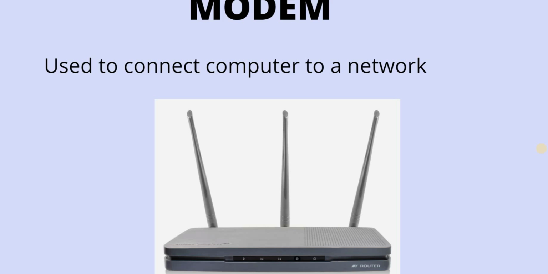When computer receives something from network, modem will convert received data into a form that computer can understand. It is called demodulation of data. Now let's learn more about this modem.